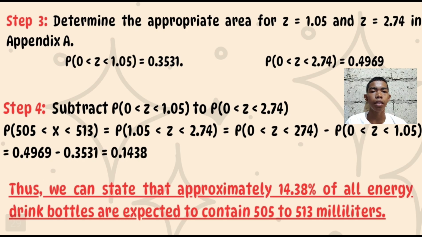Then, step 4, subtract probability 0 less than z less than 1.05 from probability 0 less than z less than 2.74. So, the answer would be 0.4969 minus 0.3531, which is 0.1438. Thus we can state that approximately 14.38% of all energy drink bottles are expected to contain 505 to 513 milliliters.